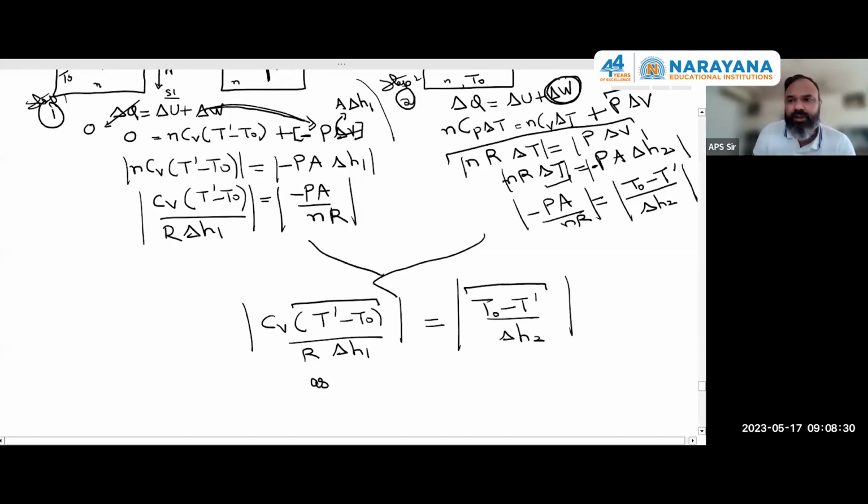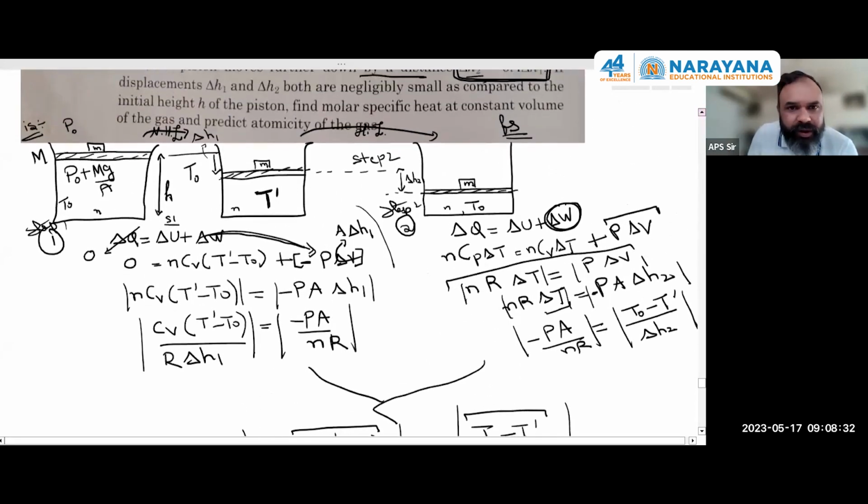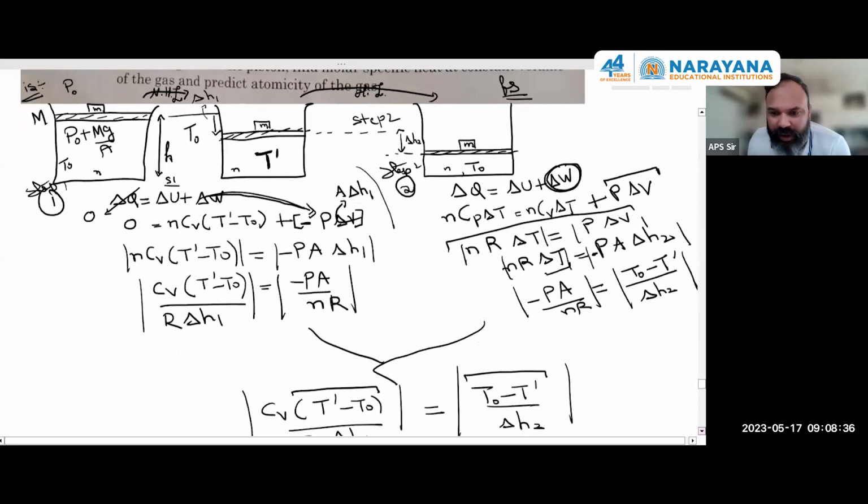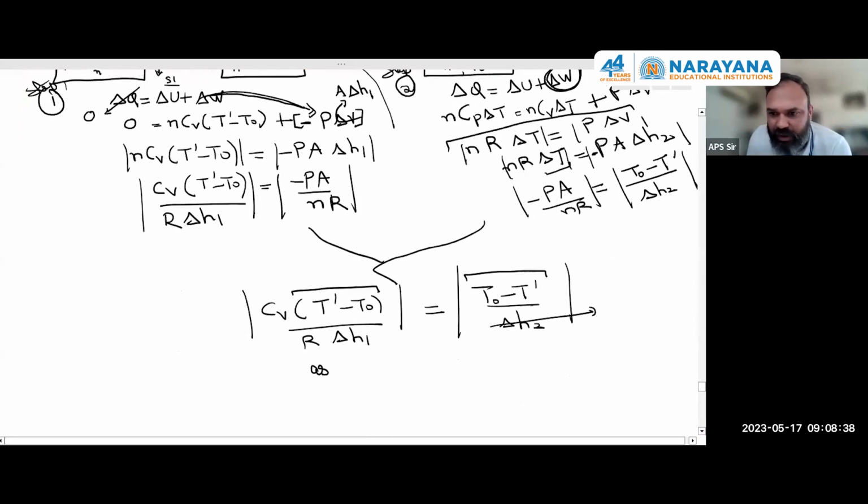What they have given as a relation between delta H2, delta H1. They say that delta H2 is 0.4 delta H1. So substitute that. This term is 0.4 delta H1. Right? Now everything falls in place. This delta H1 term cancels, Cv seems to be coming out as R factor upon 0.4. This is 10R by 4, and that comes out as 5R by 2.